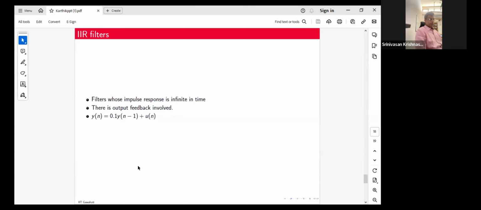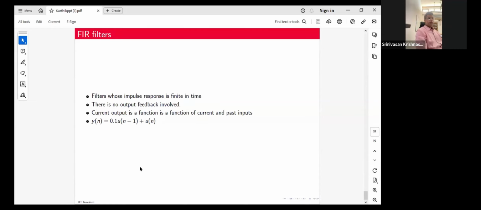And a finite impulse response filter is nothing but a filter wherein the response occurs only for a finite amount of time. And after that the output is just going to be 0. So typically here your output is going to be a linear combination of inputs at various points.